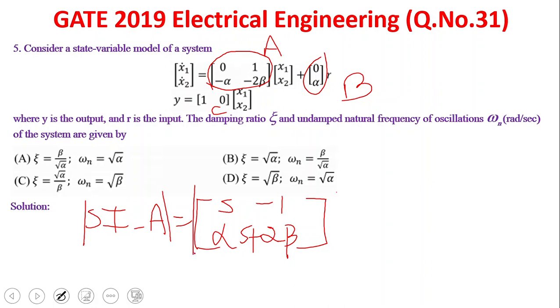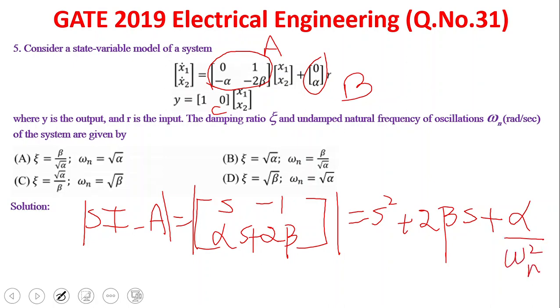That is s square plus 2 beta s plus alpha. Correct. So here alpha is omega n square and this is your 2 zeta omega n.